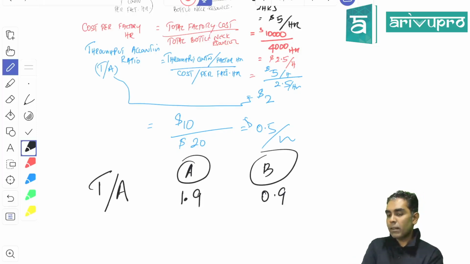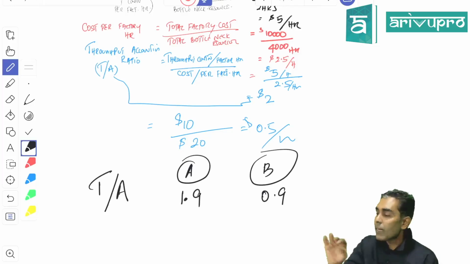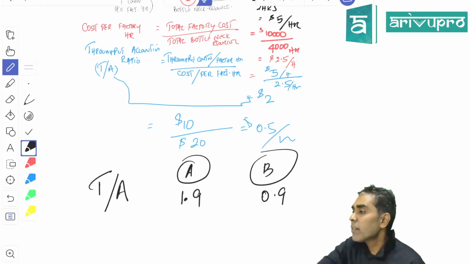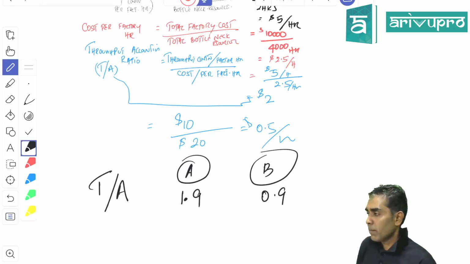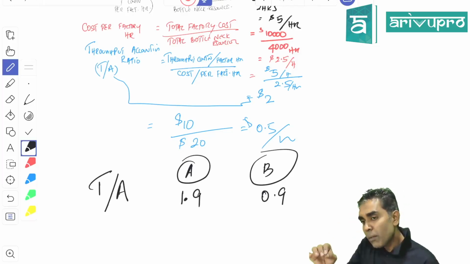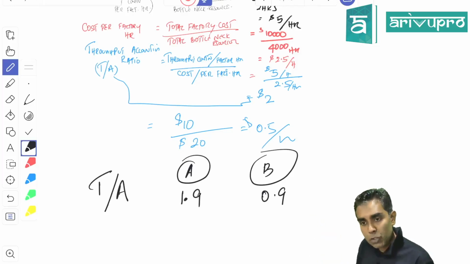Let me know the decision criteria. What do we do? A will be accepted, continue. B will be discontinued. That is correct only in the short run, based on the throughput accounting approach.